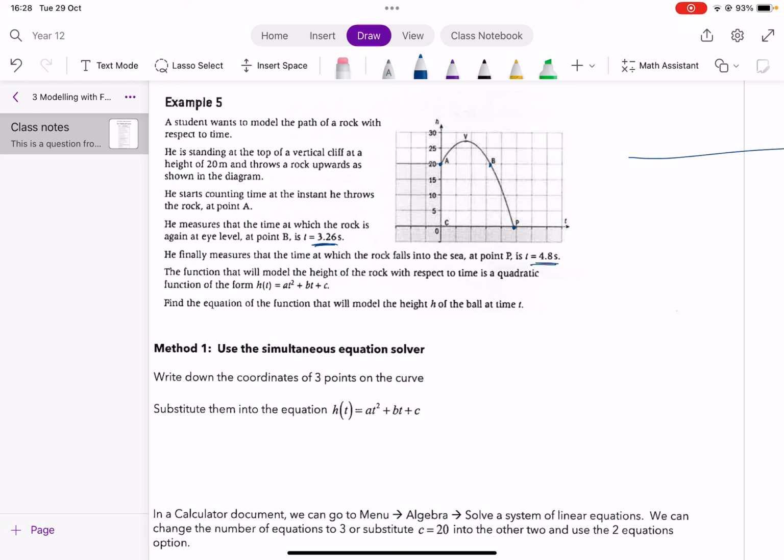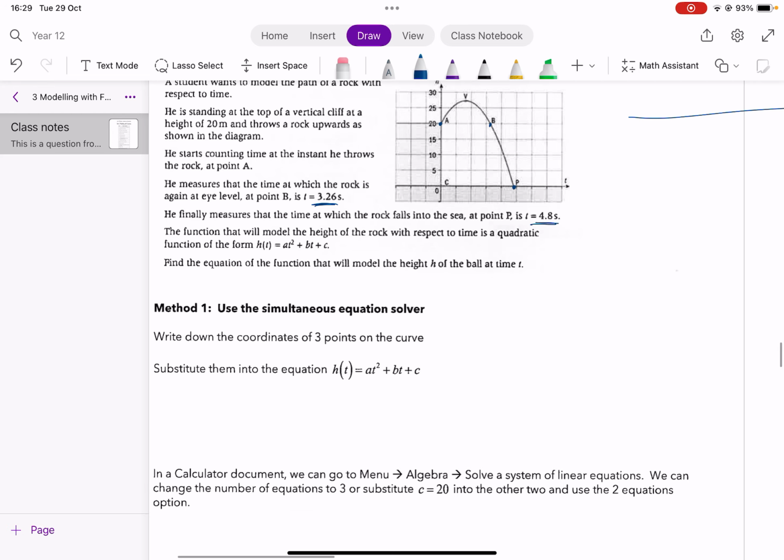We want to try and find a function that models that motion, and we're going to assume that a quadratic function is the appropriate model for that. So we are going to try and look at how we can do that efficiently using a little bit of algebra.